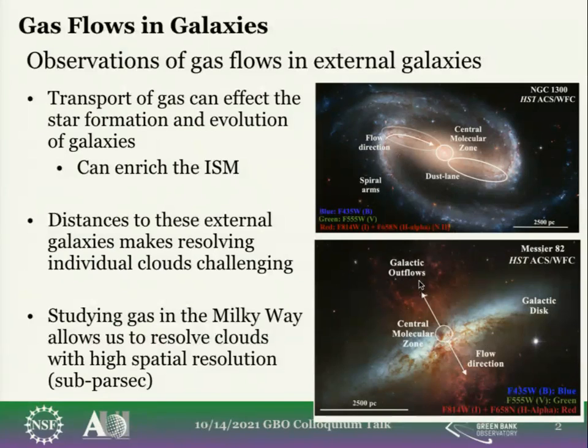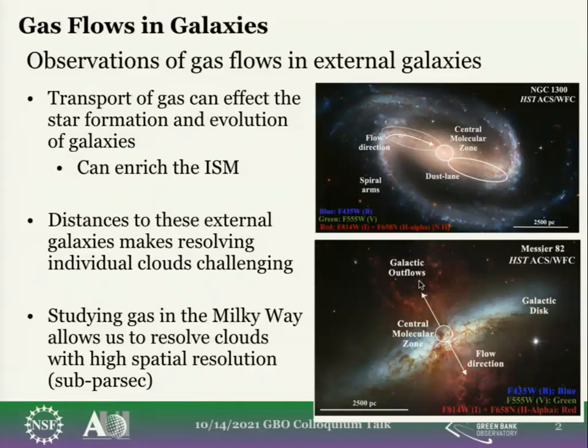So as gas is being transported across the inner regions of galaxies, it can have an influence on both star formation and the evolution and structures of these galaxies as well. I'd like to point out that these are both three-color Hubble images of these external galaxies.